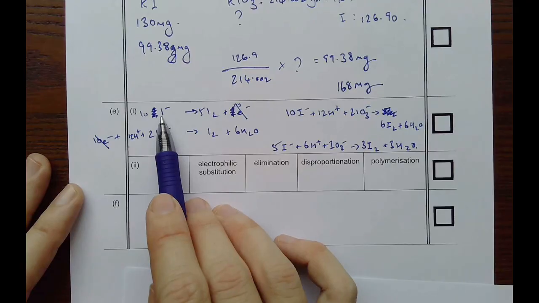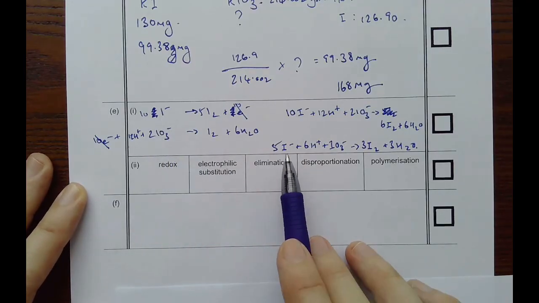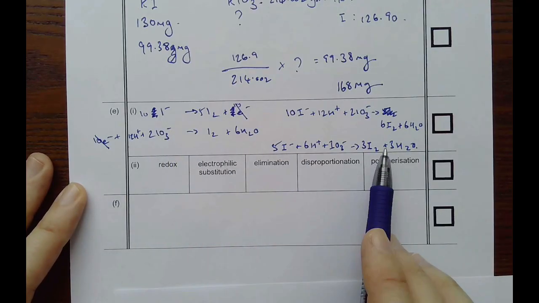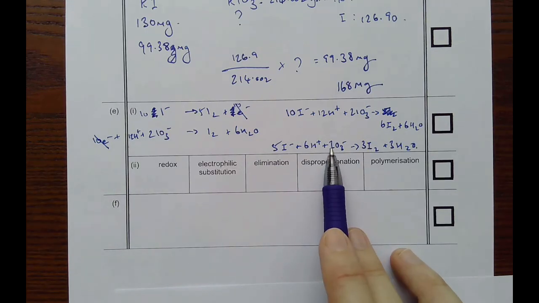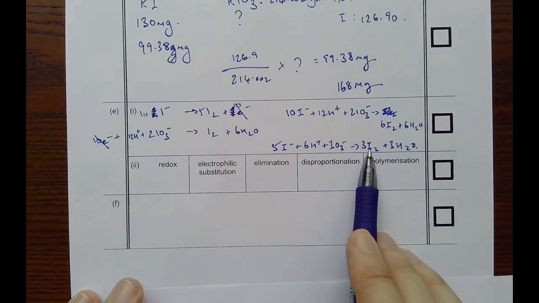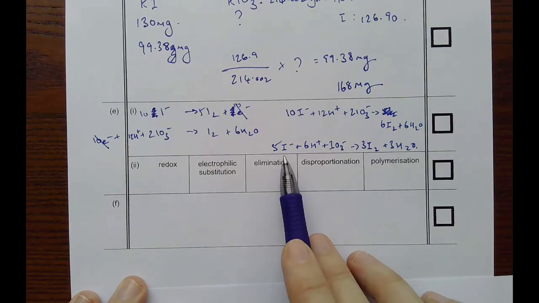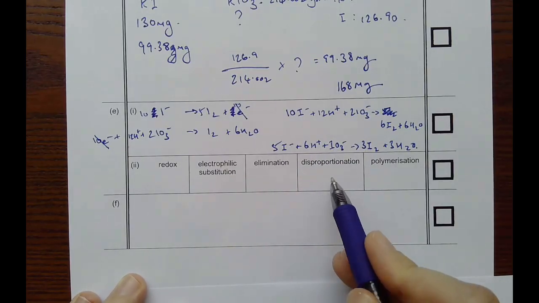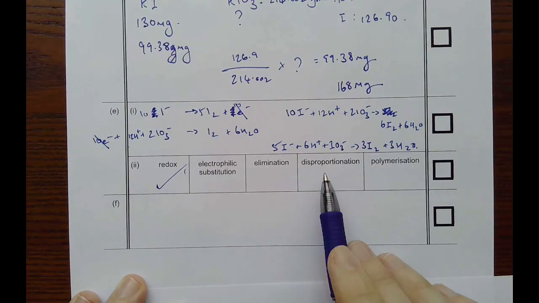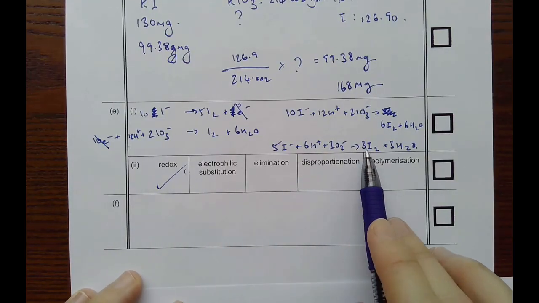I go from oxidation state -1 to 0, which is oxidation, and oxidation state +5 to 0, which is reduction. So I've got both oxidation and reduction of the same thing. That's not what disproportionation means. Disproportionation means the opposite.